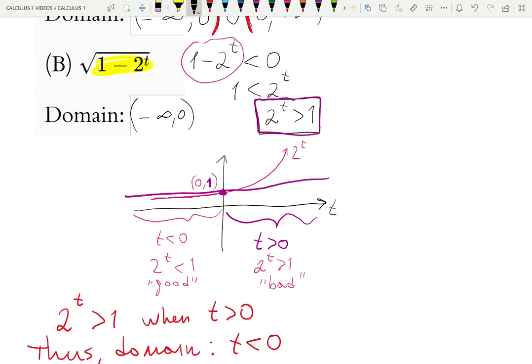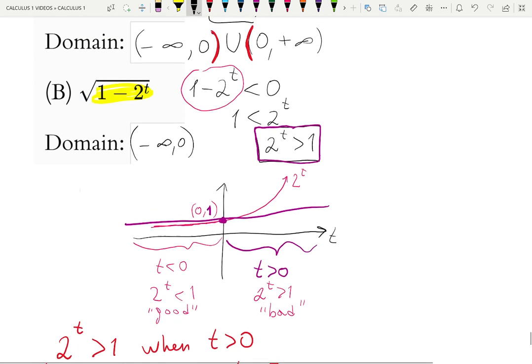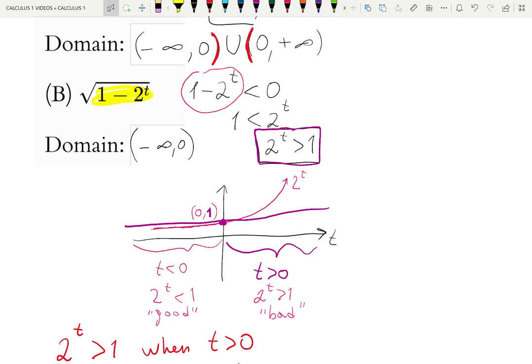An interesting point to say here is: do we include 0 or we don't include 0? In this case, should we use parentheses or should we use brackets? Let's think about it a little bit. We know that the square root of negative numbers does not exist.